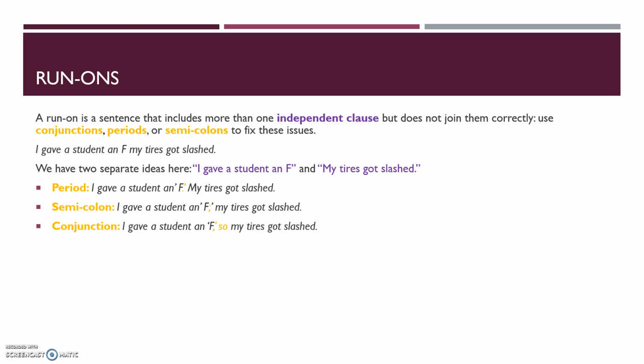Now there are other ways you could fix this as well, but what you just need to remember is that whenever you have more than one complete idea in the same sentence, you have to connect it or separate it. Separate it with a period or a semicolon, or connect it with a comma and a coordinating conjunction, or in some cases you can add things like a subordinating conjunction. I gave a student an F, which is why my tires got slashed, something like that.